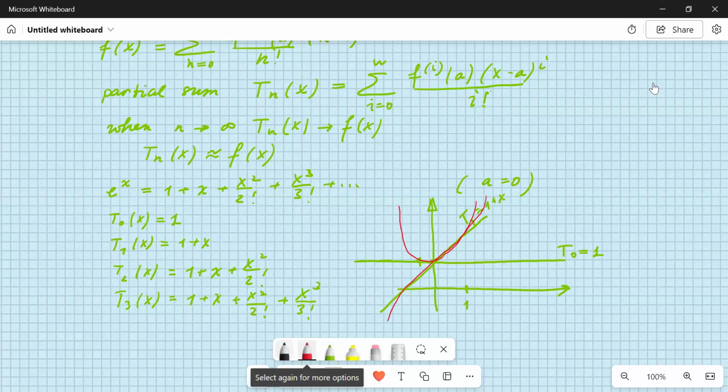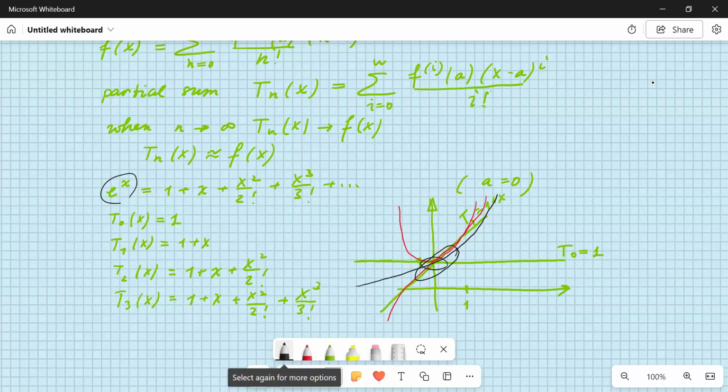And if you graph the actual function, e to the power of x, it's going to look like this. And the higher degree polynomials become closer and closer to it. So of course, the zero polynomial approximates only around here, right? The first degree polynomial approximates an already bigger interval. And the higher degree polynomial is going to approximate the function better.